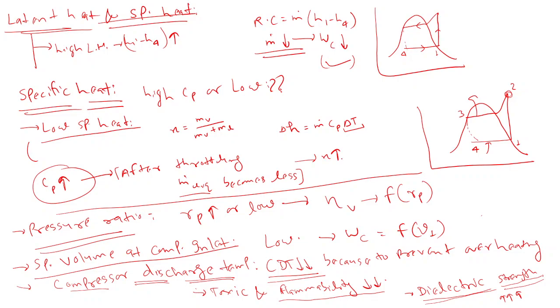If dryness fraction would be more, then what will happen with refrigeration effect? Let's suppose this high dryness fraction means here it will come. So refrigeration effect would be very less. So if Cp would be high, then mass of liquid would be less, so dryness fraction would be high, and refrigeration effect would be less. So that's why we want low specific heat. Is it clear?